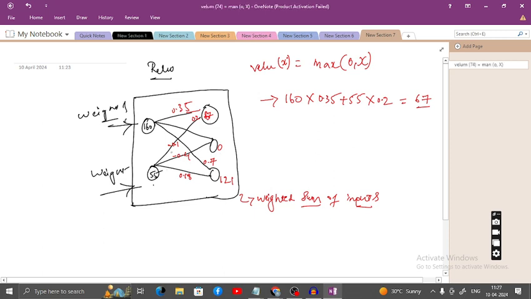Here it is minus 0.4 coming. Anything negative that comes, the output will be 0 when you pass through ReLU, because negative values are not considered in ReLU. Here 121: 0.7 into 160 plus 55 into 0.18, this is 120 as the weighted sum.